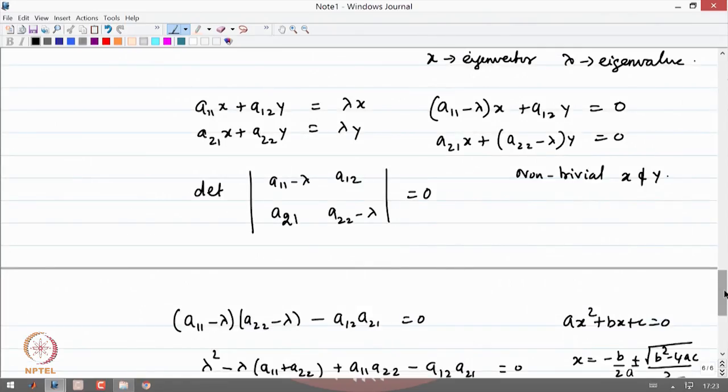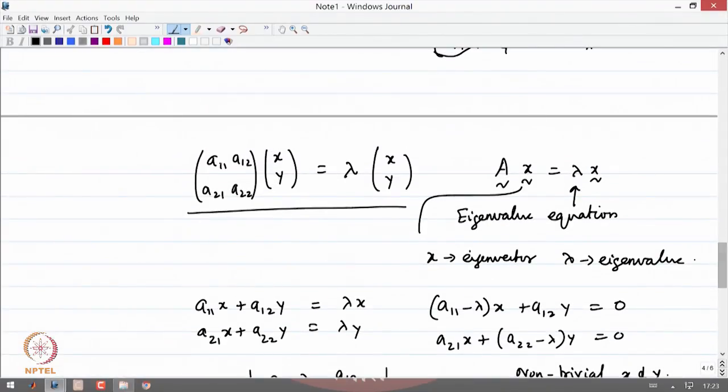Immediately you see that if, for example, we started with the matrix with A12 being 0 and A21 being 0, that is, a diagonal matrix, you knew that the diagonal elements are the eigenvalues.